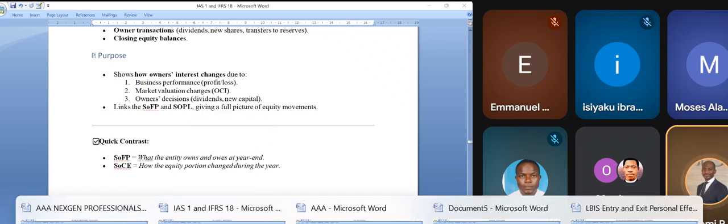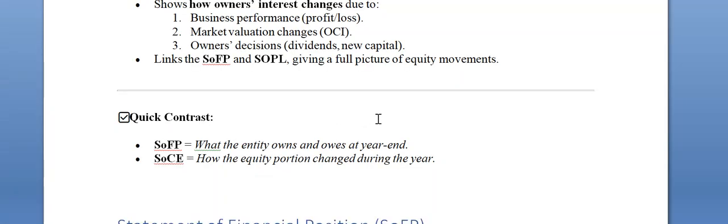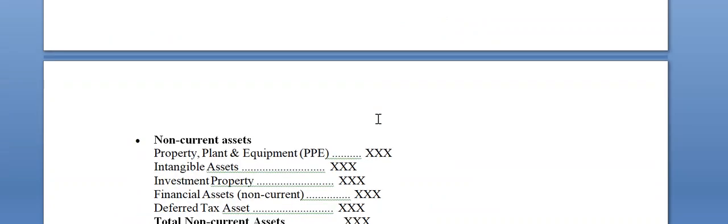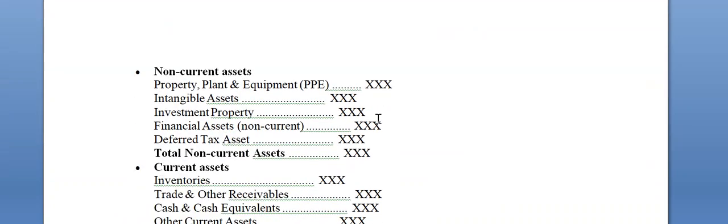So quickly, let's run through the format. I put down the format so that you will know, to buttress what I have explained so far. Under the asset, you have the non-current asset, like I have said. So you have the property, plant, and equipment, which is treated under IAS 16. And so we talked about aggregation. I was saying something about aggregation under IFRS 18.